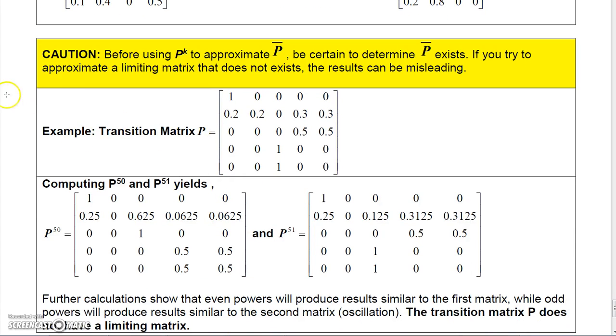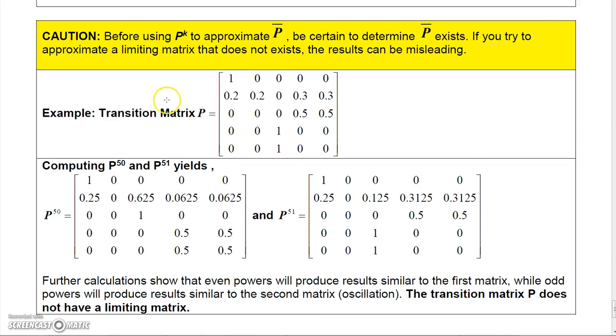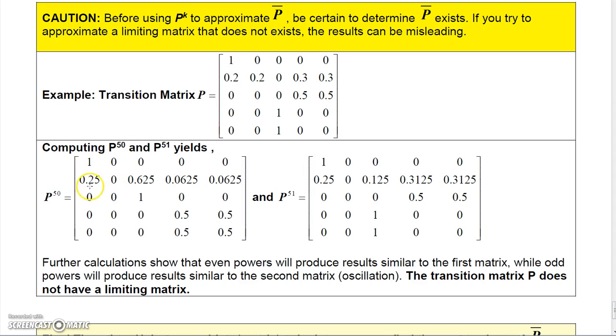But a couple things before using P to a power to approximate P bar, be certain that P bar exists. If you try to approximate a limiting matrix that does not exist, the results can be misleading. So here's a transition matrix, and if you compute P50 and P51, I put this in a calculator and I got P to the 50th power, and then I put it in and got P to the 51st power.